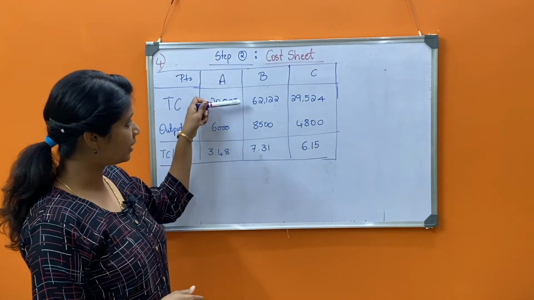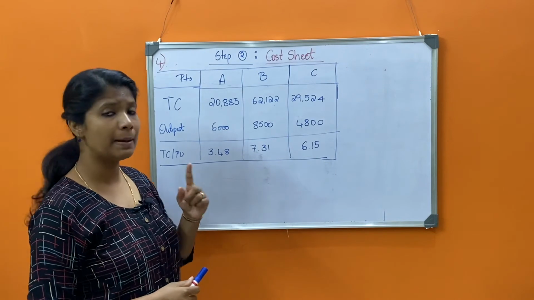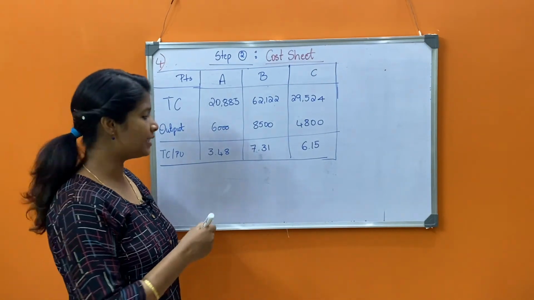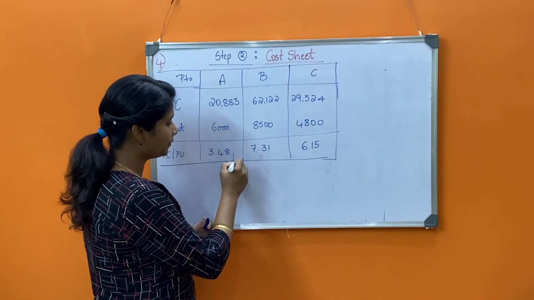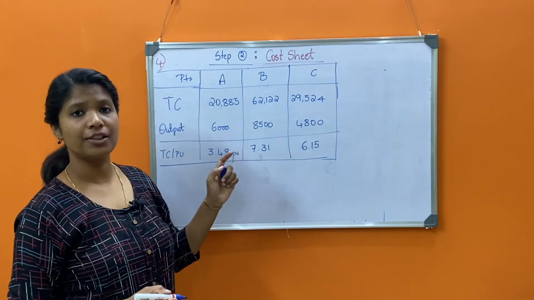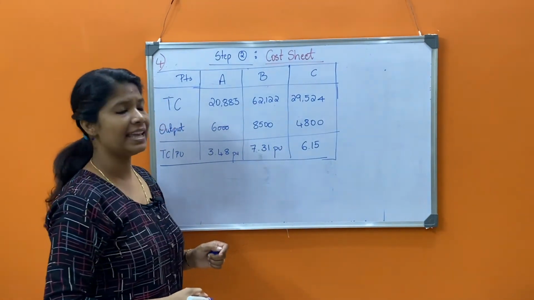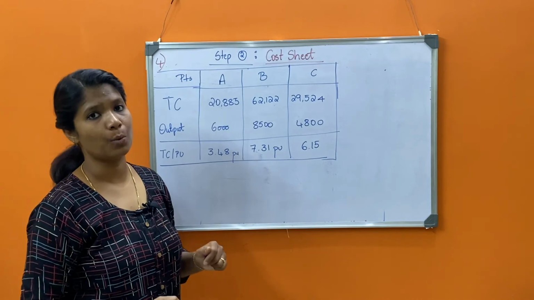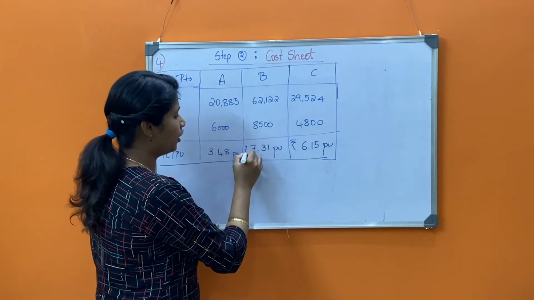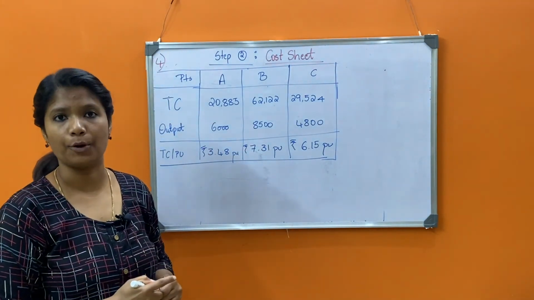Once we divide the cost by the output, we get the total cost per unit. A is 3.48 rupees per unit, B is 7.31 rupees per unit, and C is 6.15 rupees per unit. So that's the final per unit cost of products A, B and C.